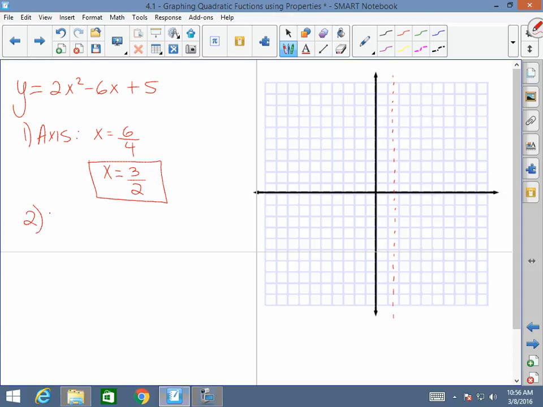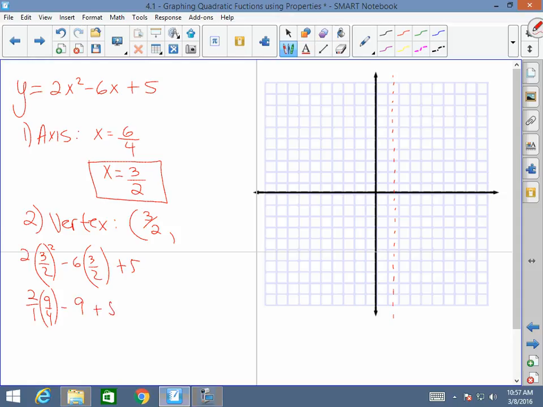Step 2, my vertex. Don't stress, guys. For my vertex, I use the x value from my axis of symmetry, and now I plug it in. So I get 2 times 3 halves squared minus 6 times 3 halves plus 5. This is 2 over 1 times 9 fourths, which is 9 halves, minus, that's 18 divided by 2, so just minus 9 plus 5.